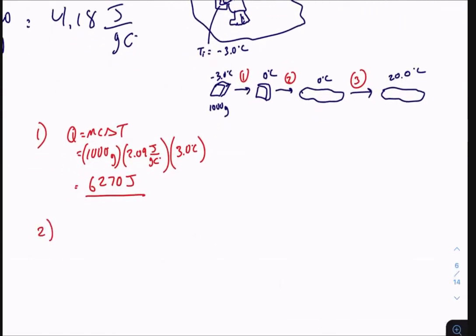All right, so now the chunk of ice is at the melting point. When something's at the melting point and it's absorbing heat, it's going to melt. So we're using heat of fusion. But remember, in order to use heat of fusion, you have to convert what you have into moles.